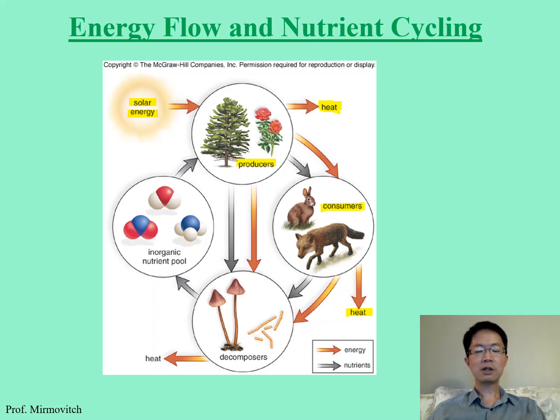And then after the consumer are dead, then they will be broken down by decomposers. While the decomposers are breaking down those animals, some of the energy will also be lost as heat, and then the nutrient will go back to the earth and recycle in the ecosystem as inorganic nutrient molecule to feed the producer, so the producer can use them for photosynthesis.